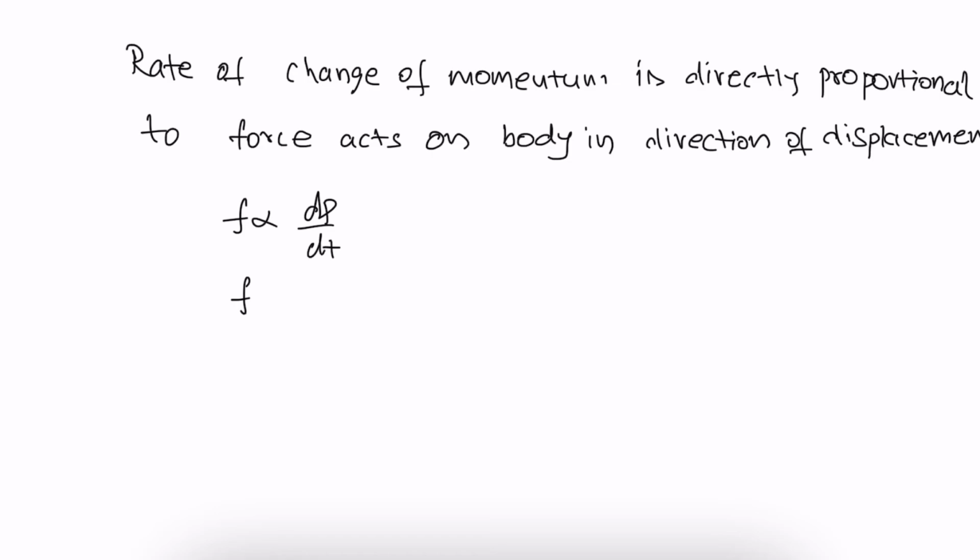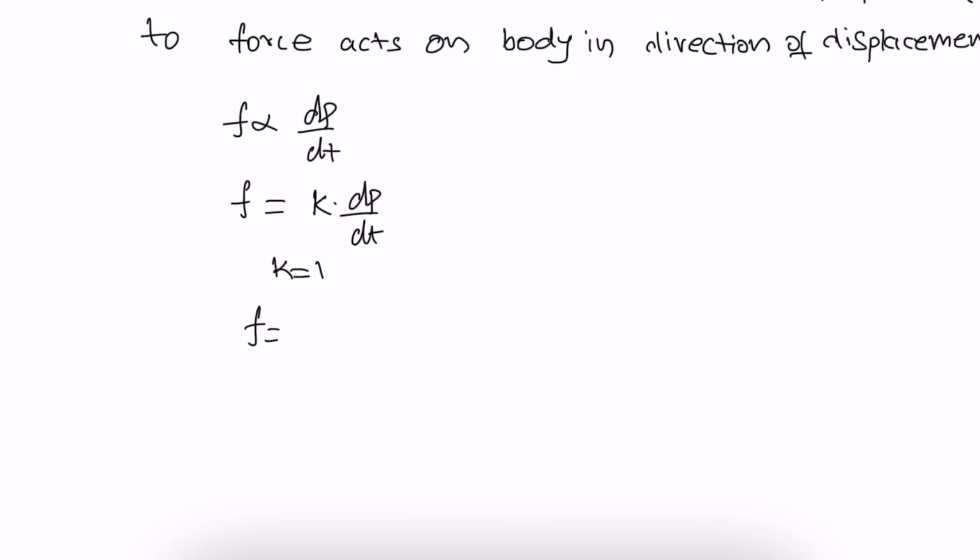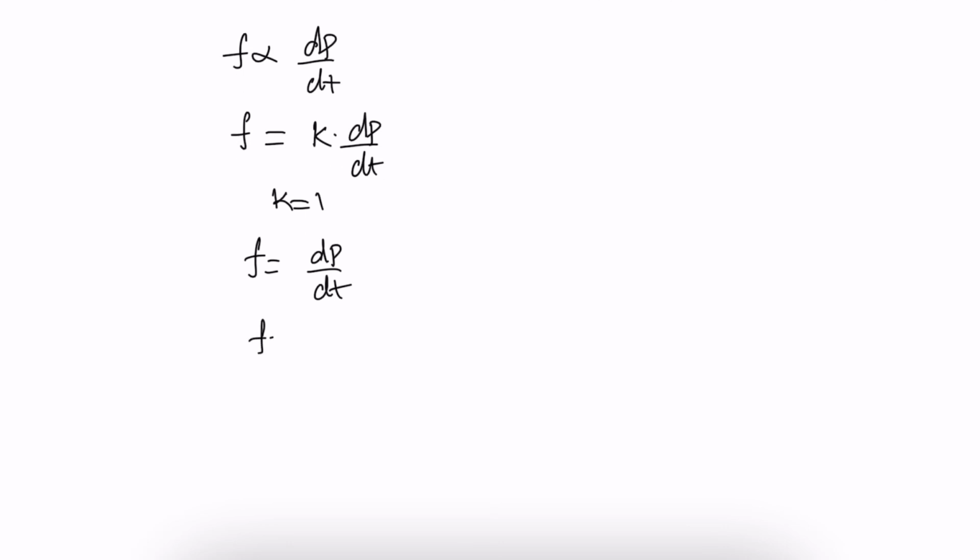In physics we have a rule: remove the proportionality and introduce a constant. Newton takes the unit of force so that the value of k is equal to 1. So when k is equal to 1, F is equal to dp by dt. What is momentum? Mass into velocity, so F is equal to m into dv by dt.